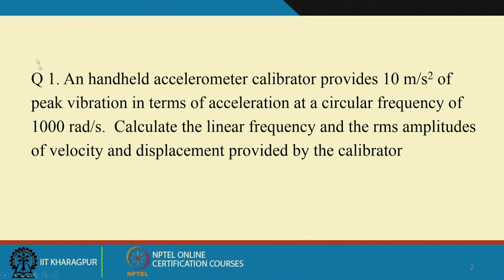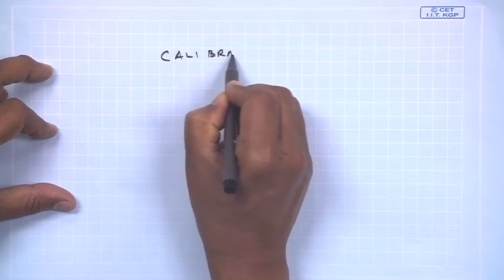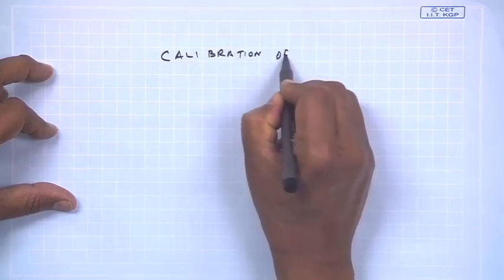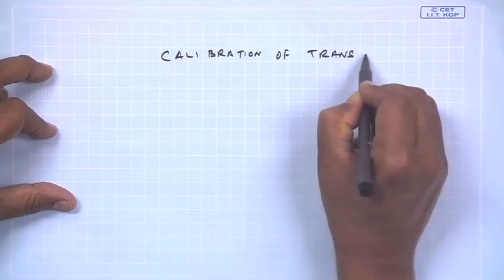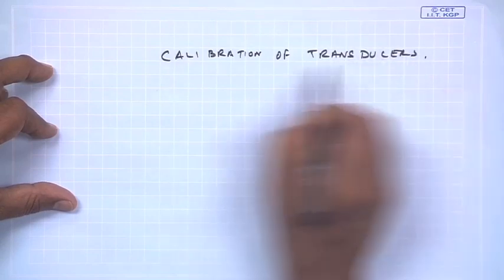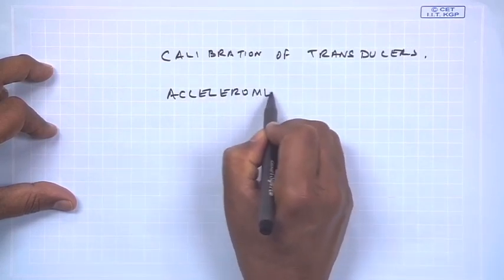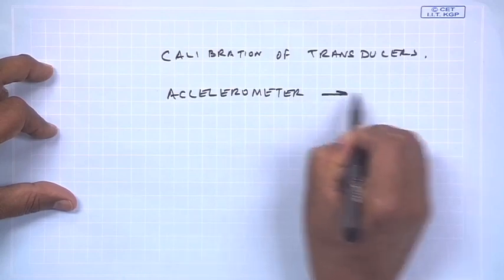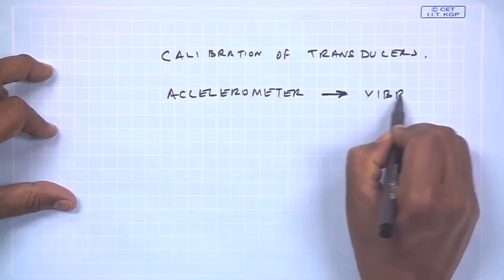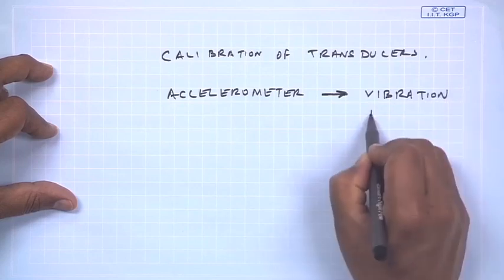So, if you go to the very first problem, we have studied vibration so far, but many a times in the field, because this relates to calibration of transducers, we will see later on that accelerometers are used for vibration measurement.